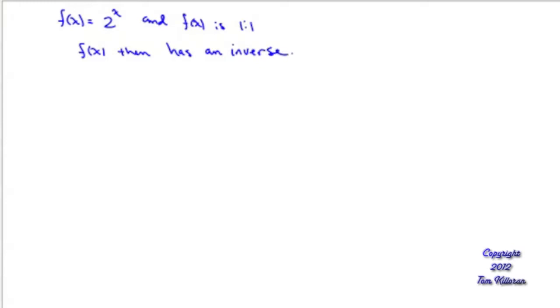It must have an inverse because it is 1-to-1. Therefore, f inverse of x exists. That's another way of saying it.